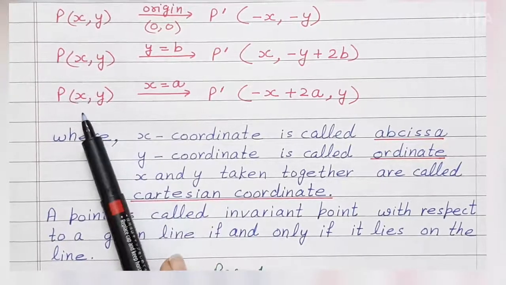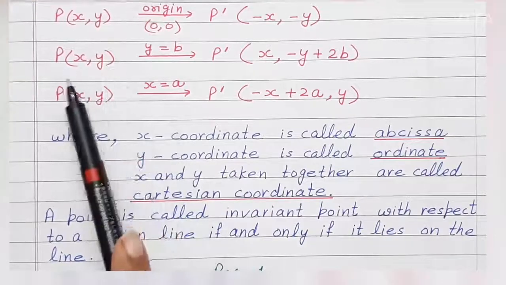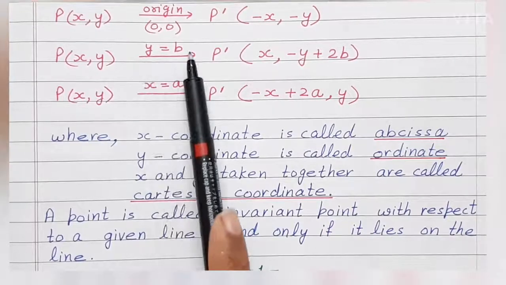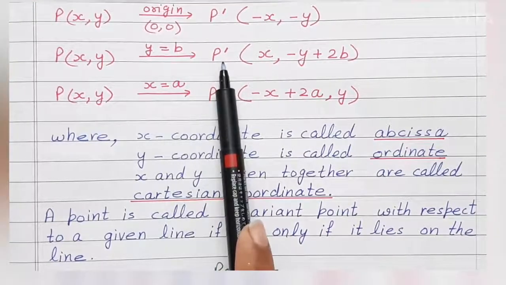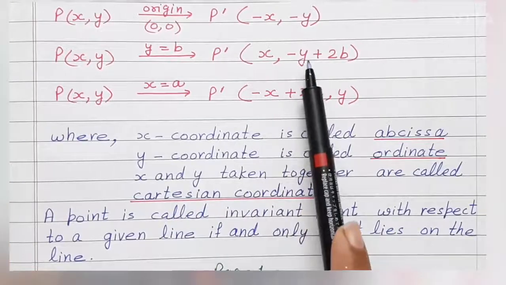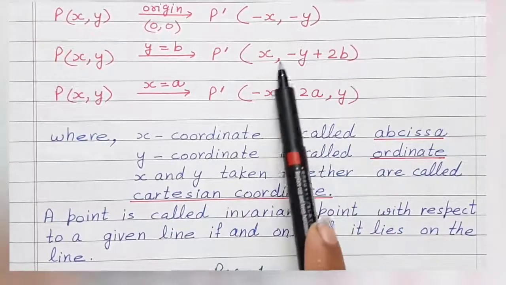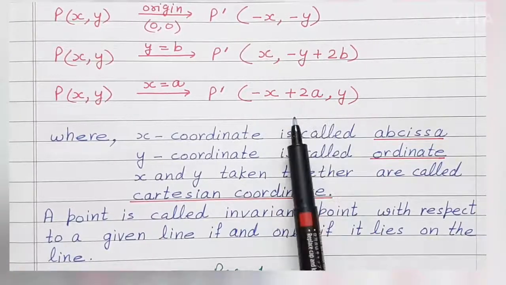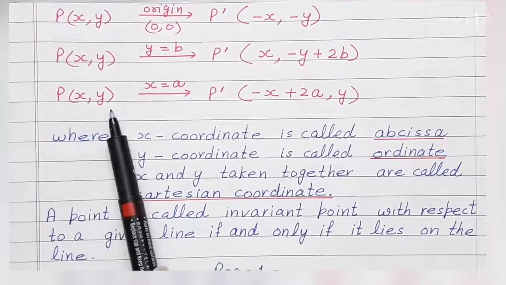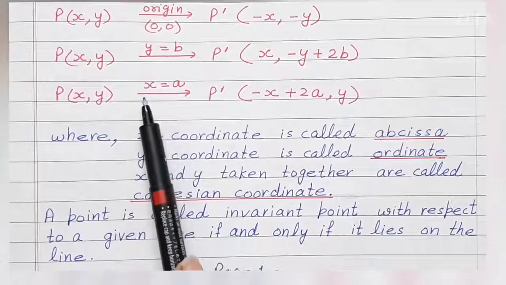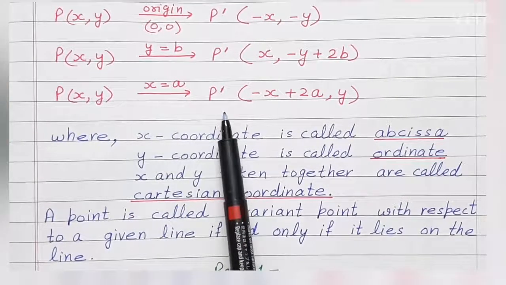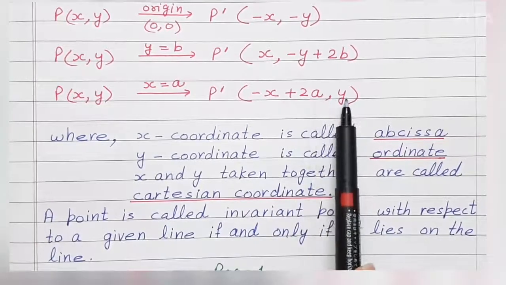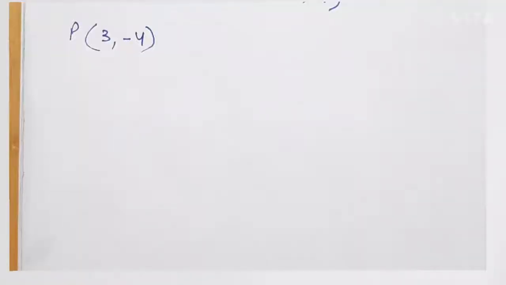Now the next is, if we reflect any coordinate under a line, suppose it is y equal to b, then it will become (x, minus y plus 2b), where x will remain the same as it is. Clear? Similarly, for P(x, y), if you reflect under x equal to a, it will become (minus x plus 2a, y), and y will remain the same.